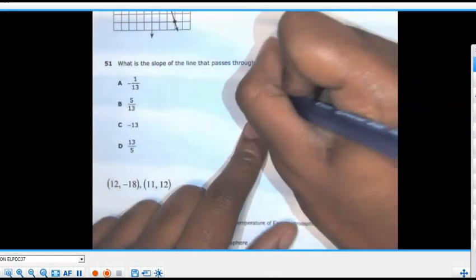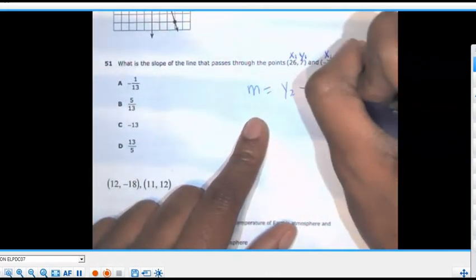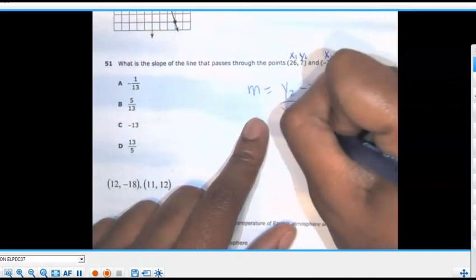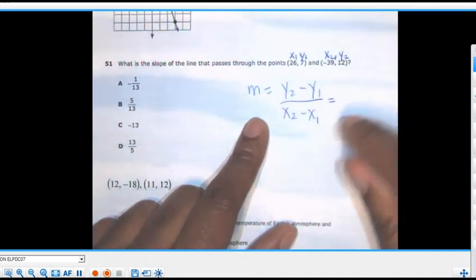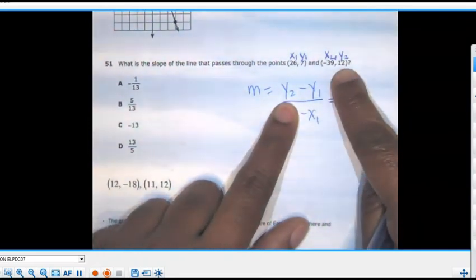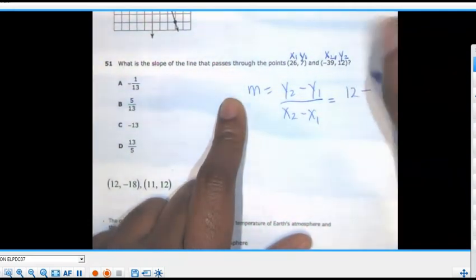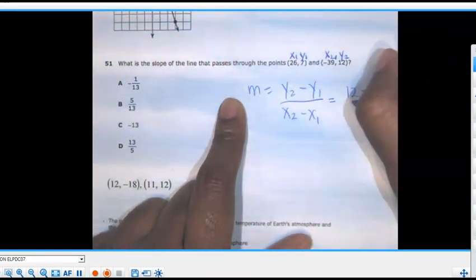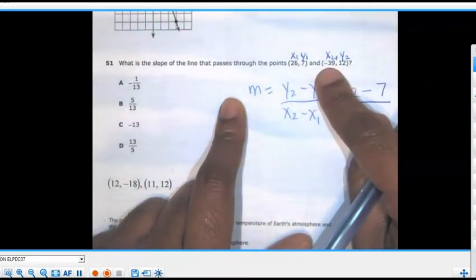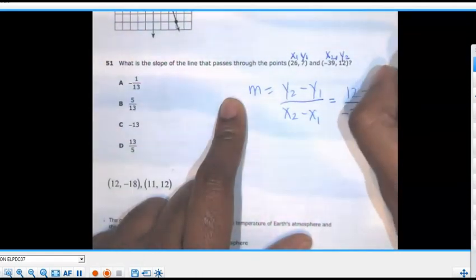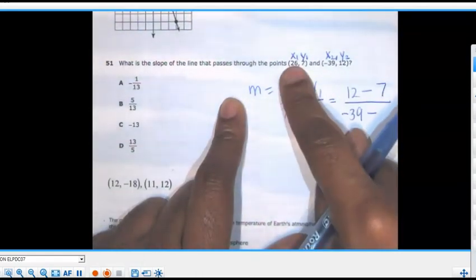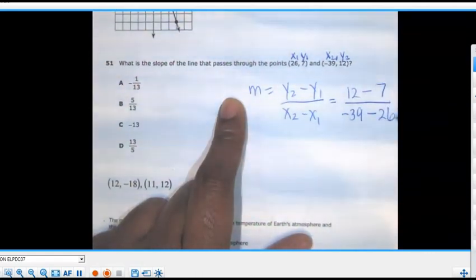So the formula says m is equal to y2 minus y1 over x2 minus x1. y2 is 12 minus 7 divided by -39, which is our x2, minus 26. Okay.